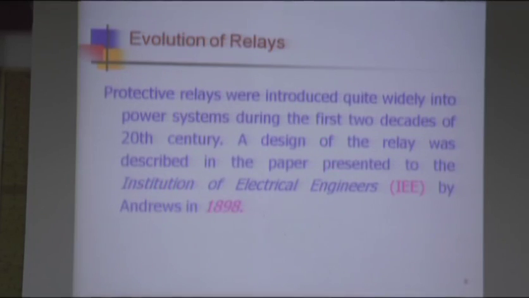Then there was a need for automatic isolation of the transmission line, but the problem with the fuse was that it used to be replaced by another fuse. Then protective relays were introduced, which will make the circuit off in such an eventuality of fault, and after some time it will make the connection back on.